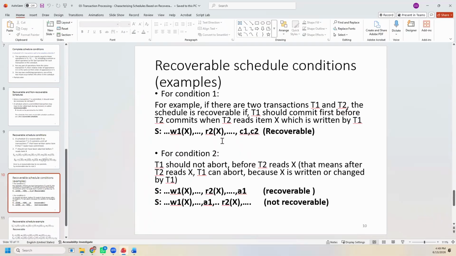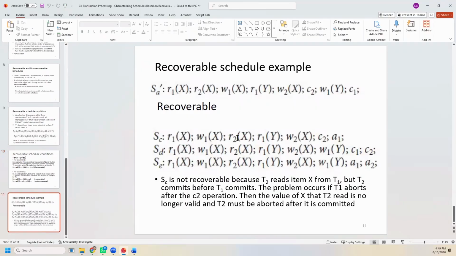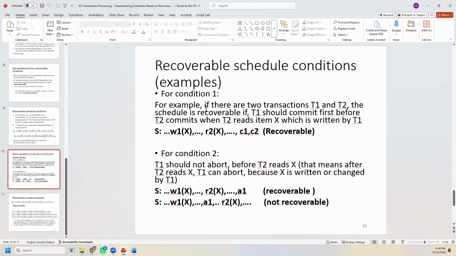So I have given two different examples for describing the two conditions, right? Then you can go through it and have an idea about these two conditions, right?